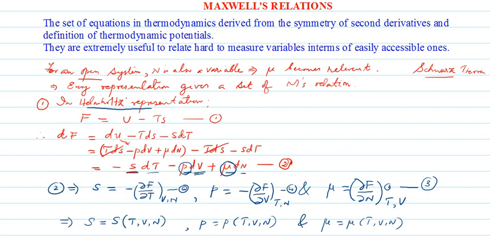So these are the equations of state. If you are able to write entropy, pressure and chemical potential in terms of T, V and N, that will represent the equation of state in the Helmholtz representation.